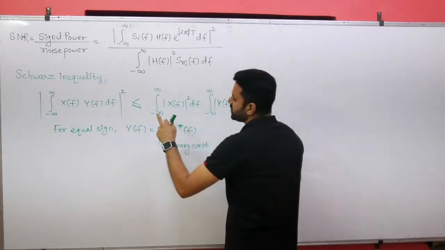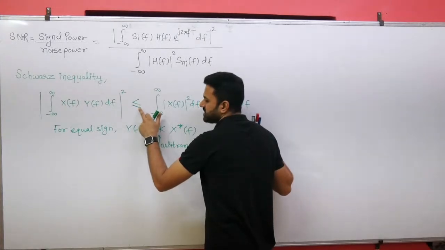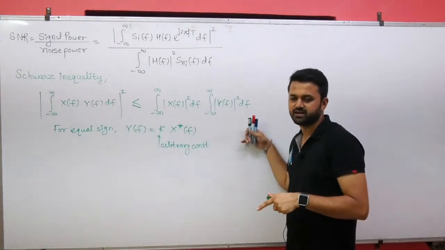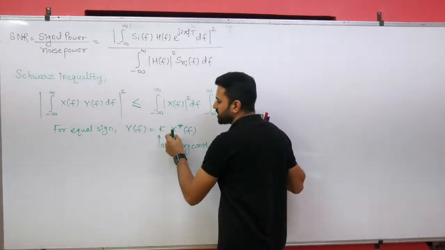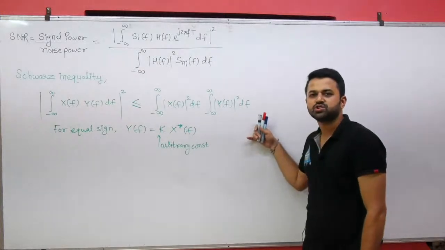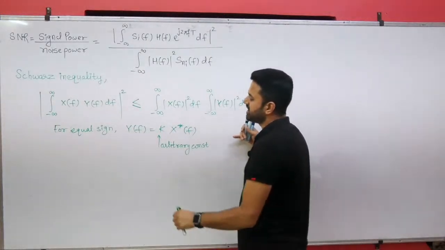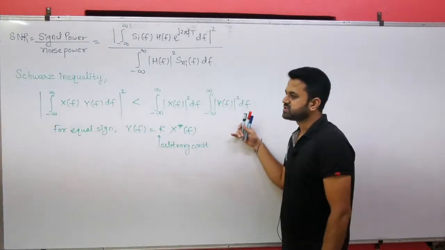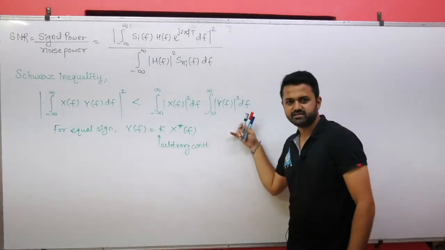If you want to write the equal sign, then you have to satisfy one more criterion, and that criterion is y of f should be equal to k times the complex conjugate of x of f. Clear? If you don't use the equal sign, this integration will always be less than or equal to the right hand side.